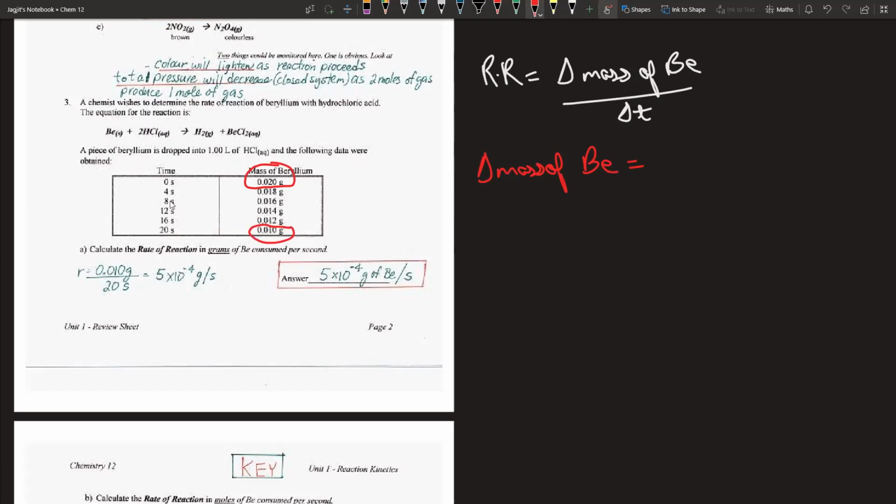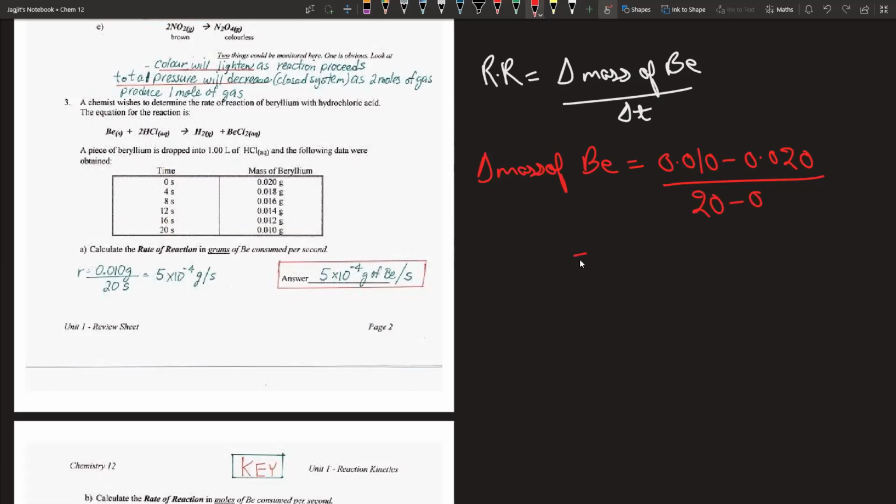I don't even look at the terms in the middle. If you look at it carefully, your final mass was 0.010. So you do your final mass, 0.010, minus your initial mass, 0.020, and you divide it by total time. What was your final time? 20 seconds. Initial time? 0. So what was your change in time? 20 minus 0.